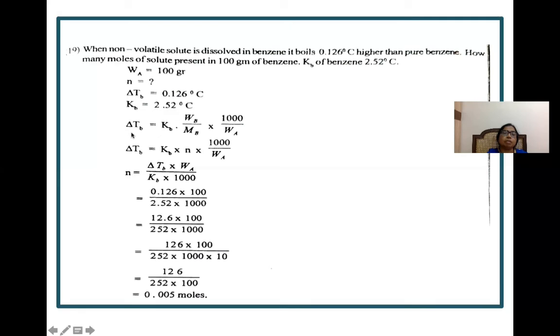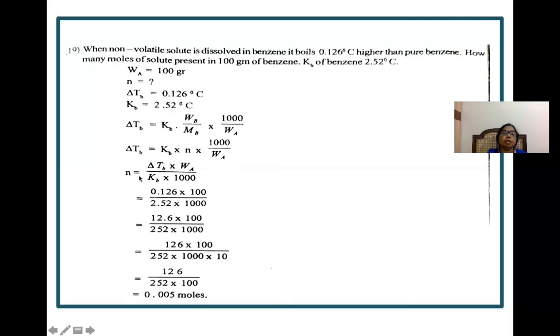So the formula is delta TB is equal to Kb into WB by MB into 1000 by WA. So delta TB is equal to Kb into N, where N means weight of the solute by molecular weight of the solute, into 1000 by WA.